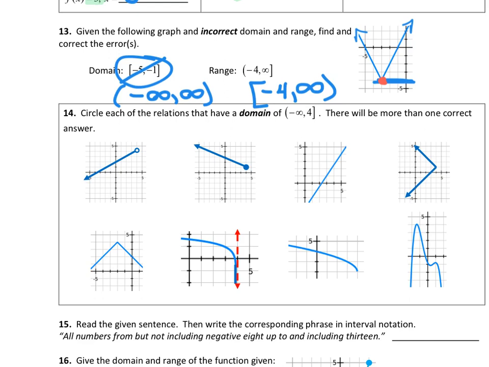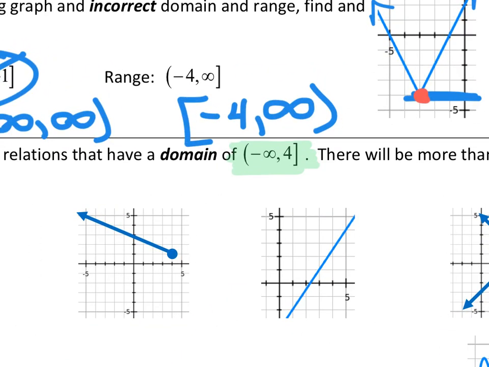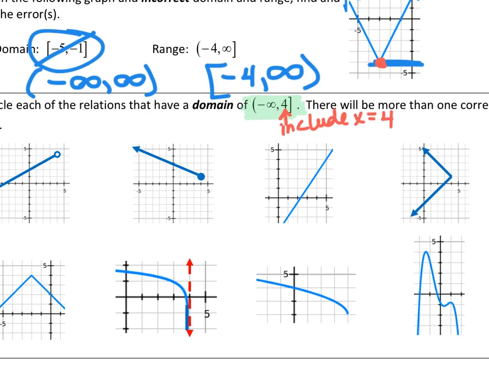Now in number 14, we want to circle all of the graphs that have a domain that is from negative infinity to positive 4 and including positive 4. Now be careful of that. It has to include x equals 4. Has to be included in the graph.